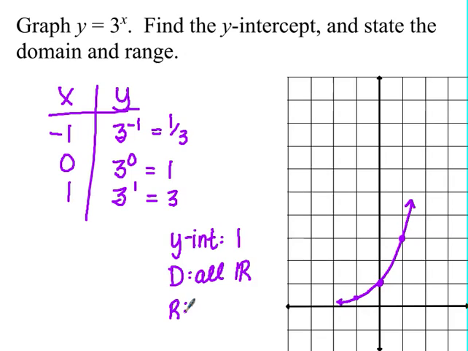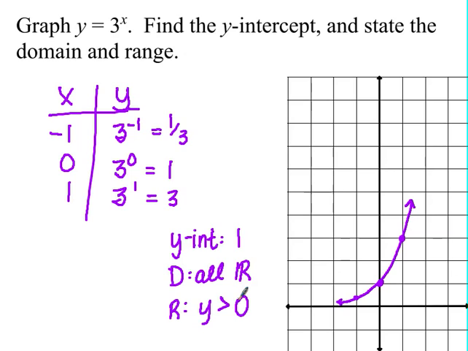What did I say it will never go below? The x-axis, right? And so basically, I'm just looking for values above that. So I want to say that y, because that's my range, is greater than what number? 0. But it won't equal 0, because if it equals 0, that means it'll touch the line.